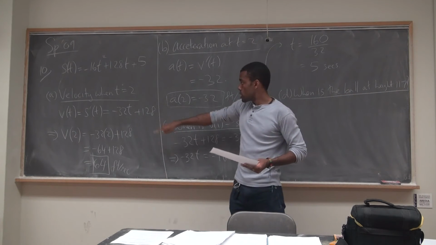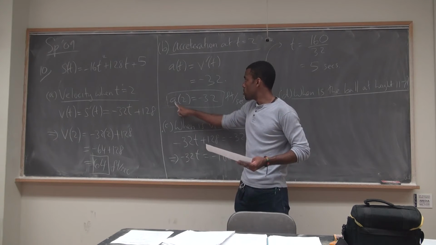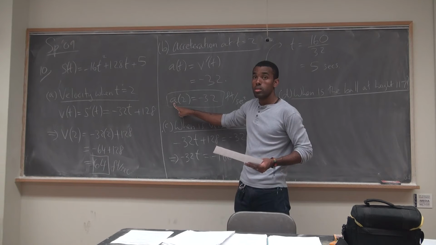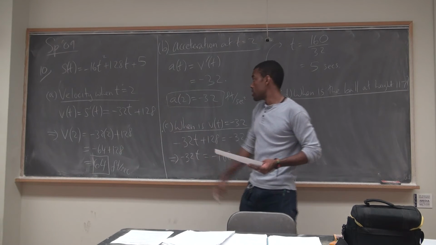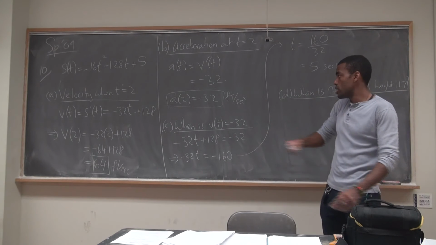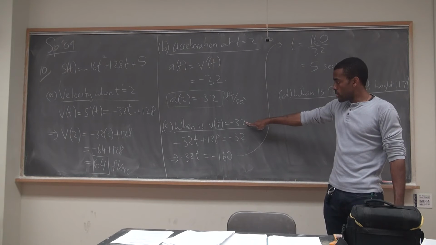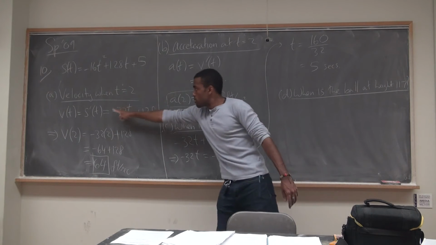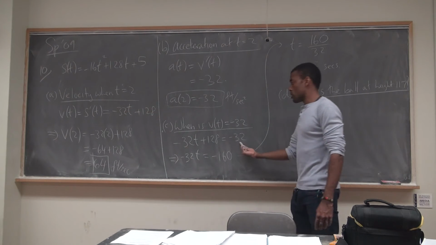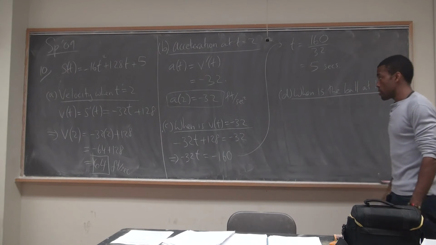Didn't we just solve that in B? No, B was talking about acceleration. B is referring to acceleration, which happens to be minus 32, but it has nothing to do with C. So C is, I want to know when the velocity is minus 32. So this was my velocity function. I set that equal to minus 32, and I solve for t. Turns out it's after 5 seconds.